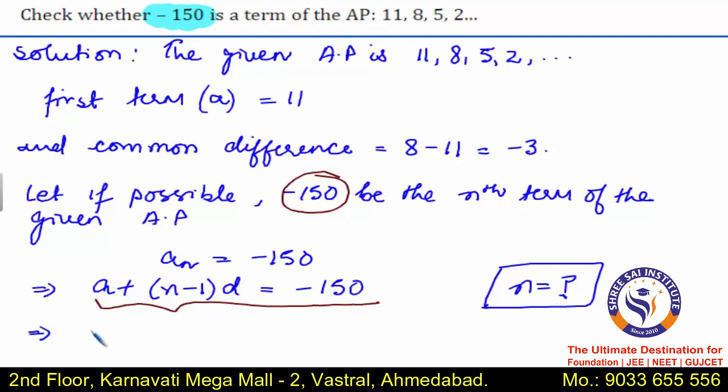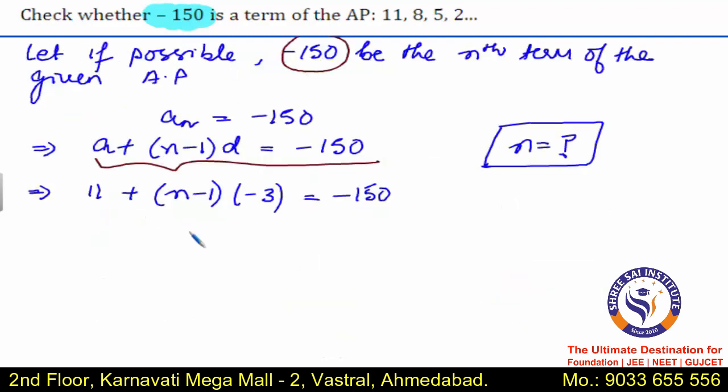Now substituting the values of a and d in this equation, a is 11 plus n minus 1, d is the common difference, into minus 3 is equal to minus 150. This further implies n minus 1 into minus 3 is equal to minus 150 minus 11, which is equal to minus 161.